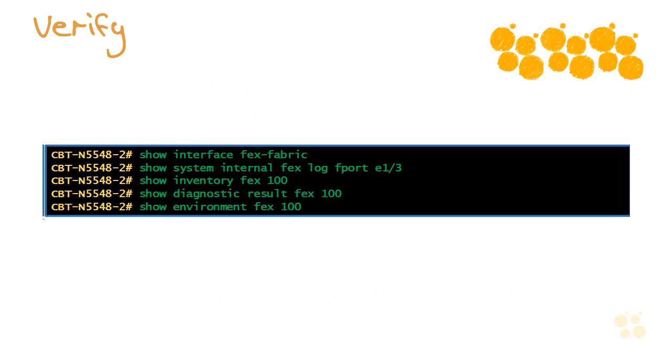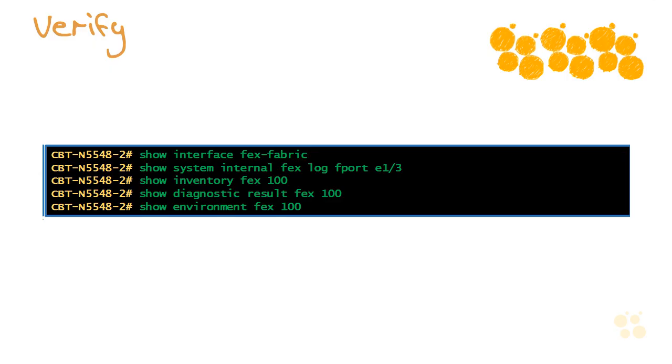Some other great verification commands? Yeah, there's a bunch, like show interface FEX fabric. This displays all the fabric extender fabric interfaces. There's show system internal FEX log F port in order to see the logging for a particular port. There's show inventory FEX in order to display inventory information for a fabric extender.